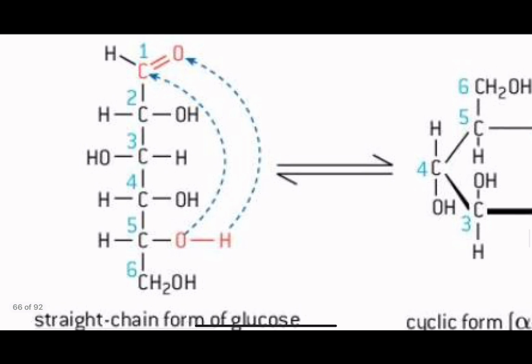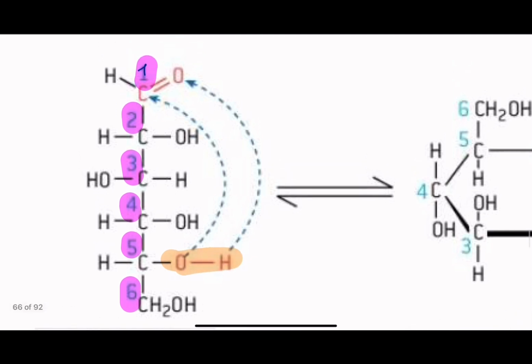Let's say I start with this glucose: the first carbon, second, third, fourth, fifth, and sixth. The main thing you need to understand is that on the fifth carbon I have OH. You see this one here? Oxygen attaches to this carbon, and then hydrogen attaches to this oxygen.